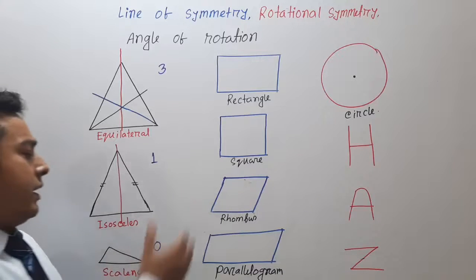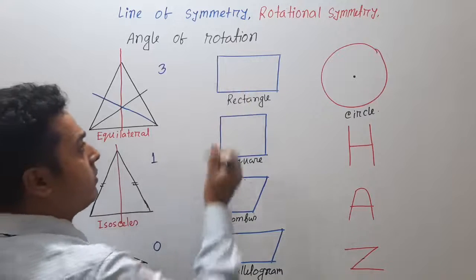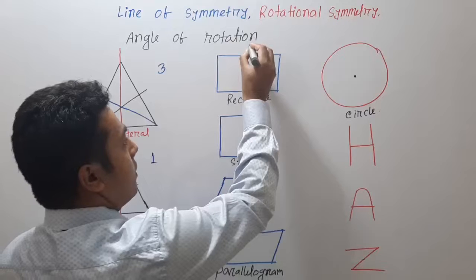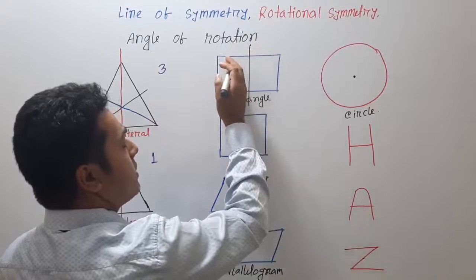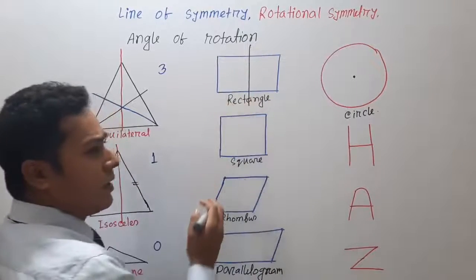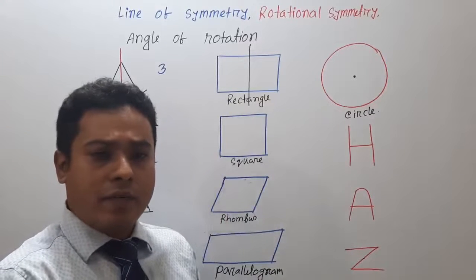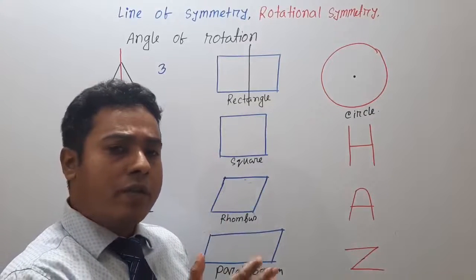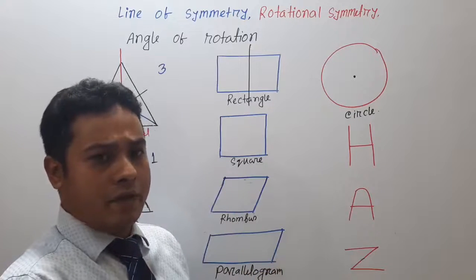But for the rectangle, think according to this line: this half and this half exactly overlap each other. Another way to think of the line of symmetry: if the mirror image of one half is exactly equal to the other half.